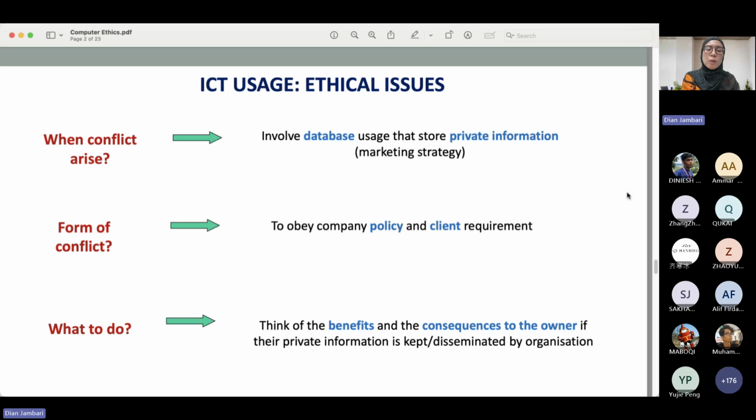But now, let's say the marketing department wants to use that information because they want to develop or market their new product. They want to use the address to determine the most strategic location to promote this product.